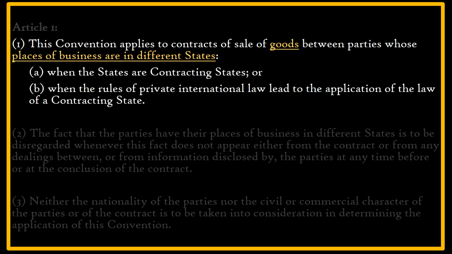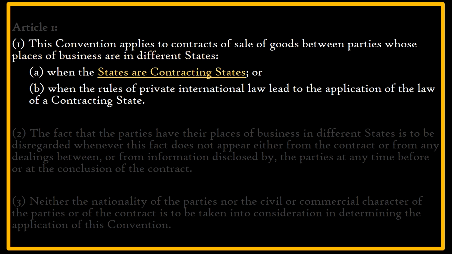Here, states means nations, not the 50 states of the United States. All right, so the convention, the CISG, will apply to the sale of goods between parties whose places of business are in different states, different countries.